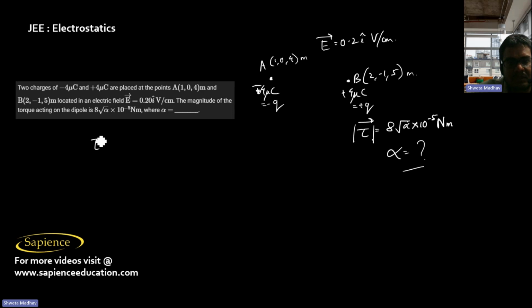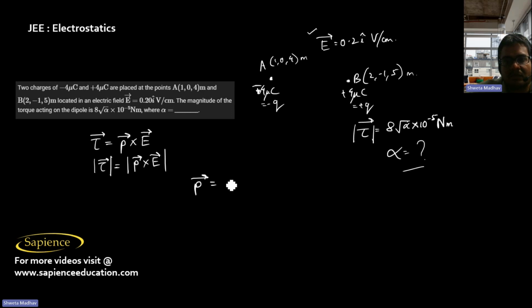We know that the torque acting on a dipole placed in a uniform electric field is equal to P cross E, so the magnitude of the torque is the magnitude of P cross E. Now P vector is equal to Q into the vector from the negative charge towards the positive charge, which is the vector AB.